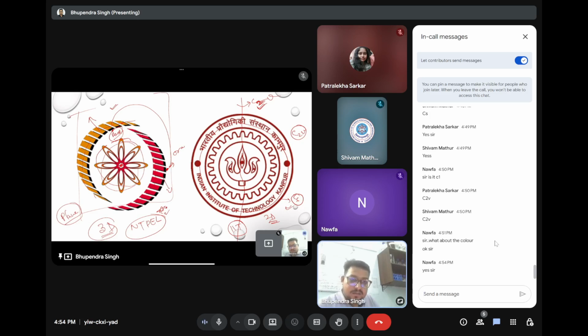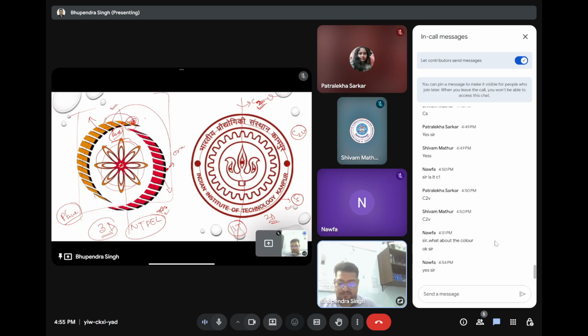But Shivam was saying V. Actually, I am not able to see V, because if you consider, let's say this was your C2, and if you try to consider this, this portion will go there.